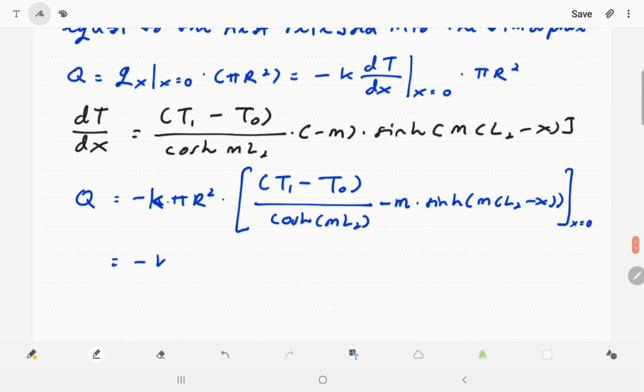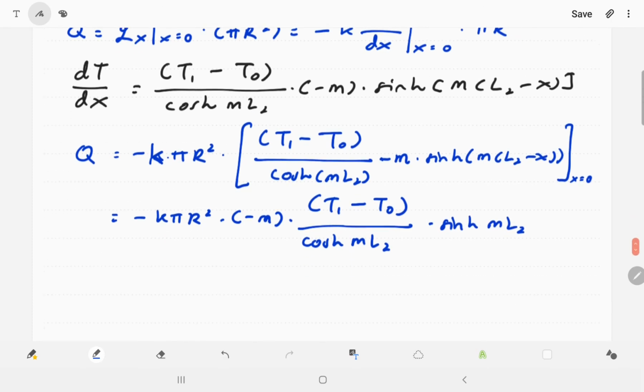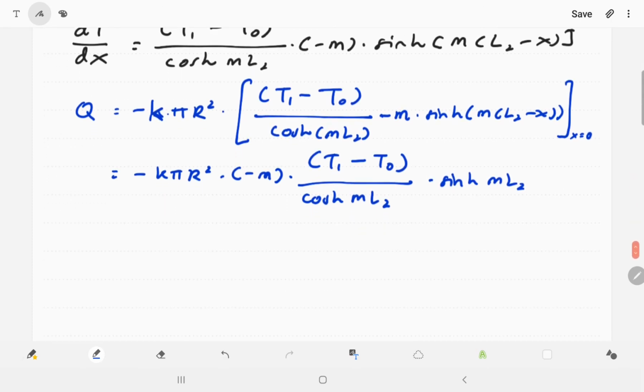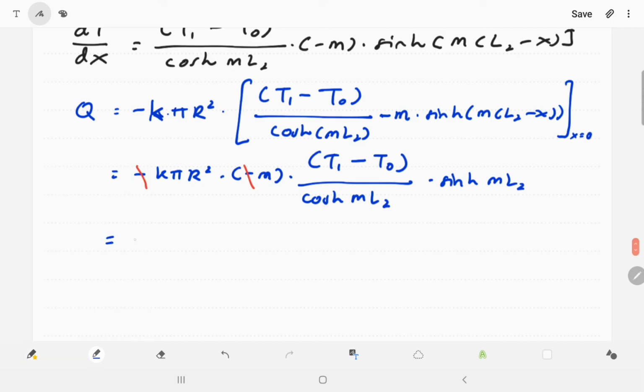Then this one will be minus k pi r square times minus m (T1 minus T0) divided by cosh mL2 times sinh mL2. Okay, these two can be scrapped. The two negatives cancel, and then you continue the derivations.